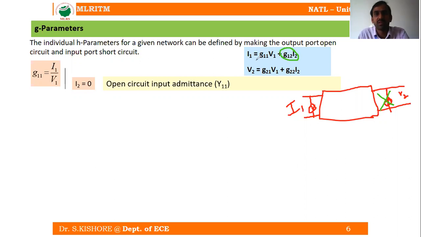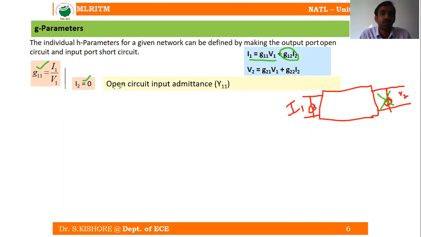Obviously from the equation I1 equal to G11 into V1, we can obtain G11 as I1 divided by V1 at I2 equal to 0. So you can see this is I by V, which is nothing but the admittance. As both I1 and V1 correspond to the input side, it is nothing but the input admittance, and we made I2 equal to 0, which is nothing but the open circuit.